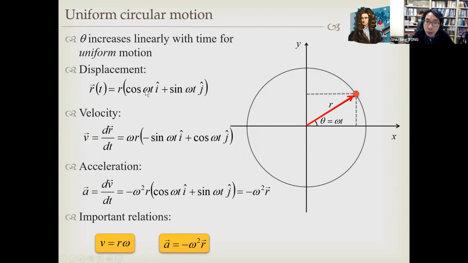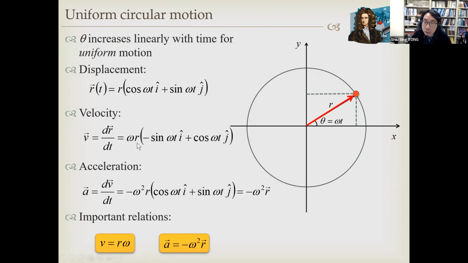You change the cosine into a minus sine, and don't forget when you apply the chain rule in the differentiation, it contains a term that is the differentiation of omega t with respect to t, and that gives you a factor of omega. So when you differentiate the sine and the cosine with the argument omega t, you always get an additional factor of omega. So we extract this factor out, and the cosine becomes a minus sine, and the sine becomes a cosine in the differentiation.